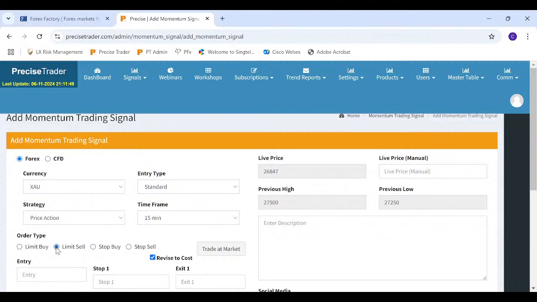We'll try to sell at 2693, stop at 96 half and 2680.